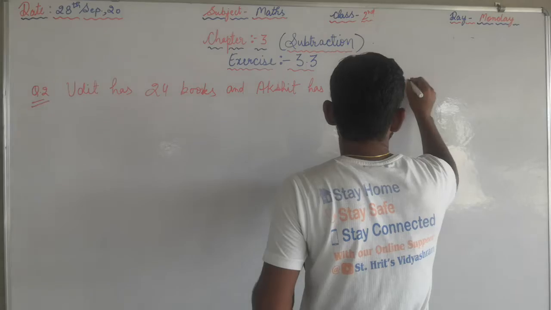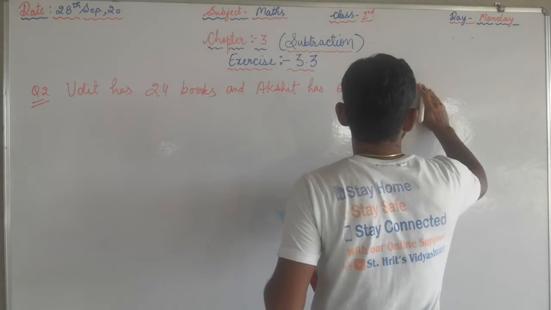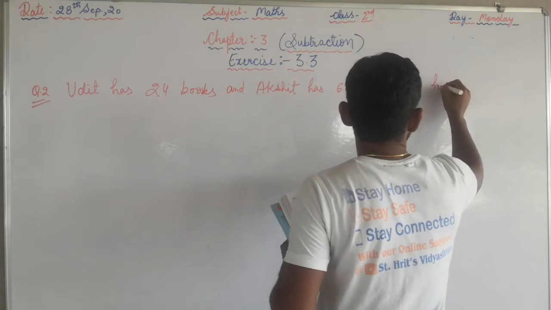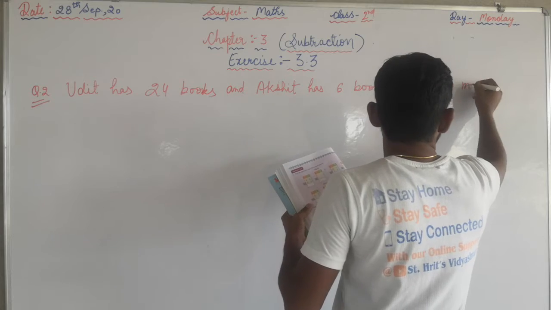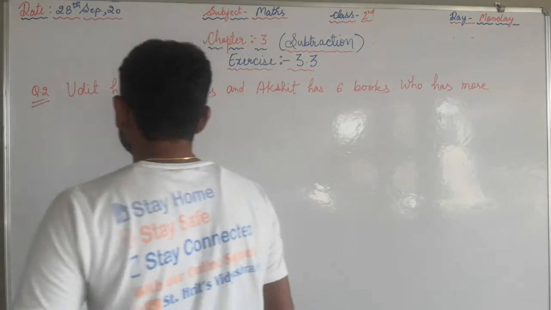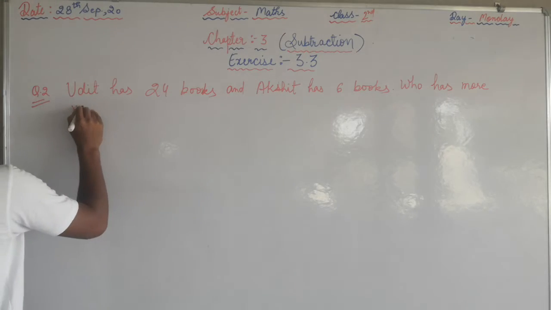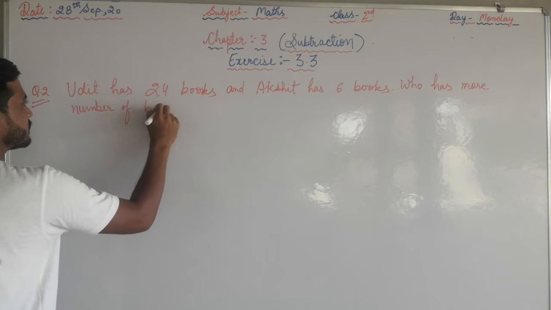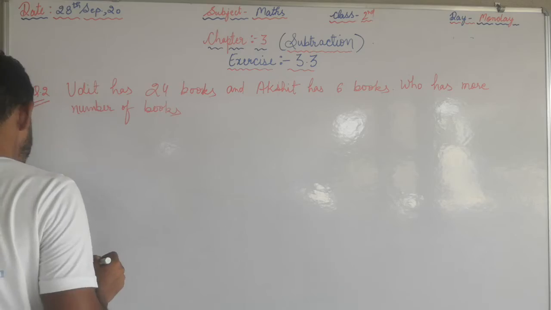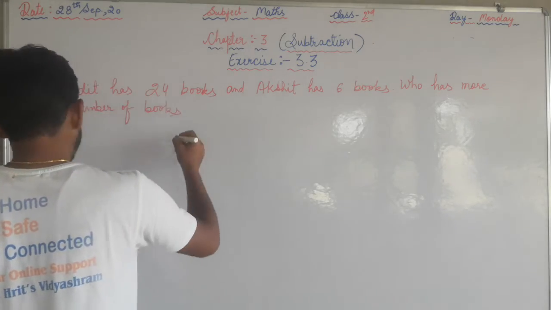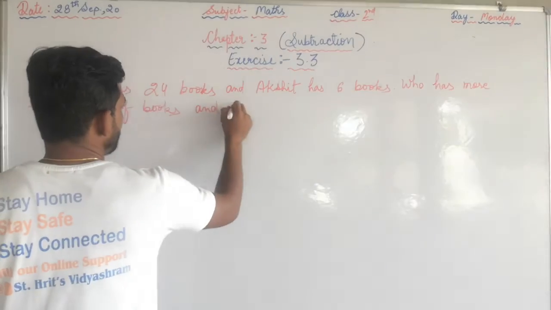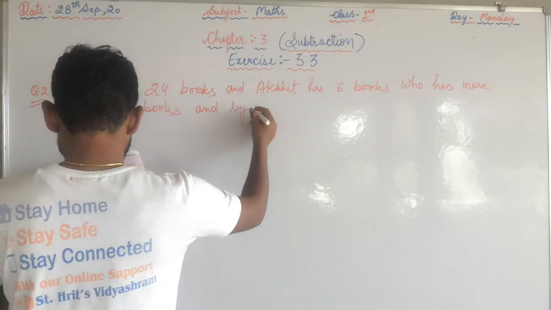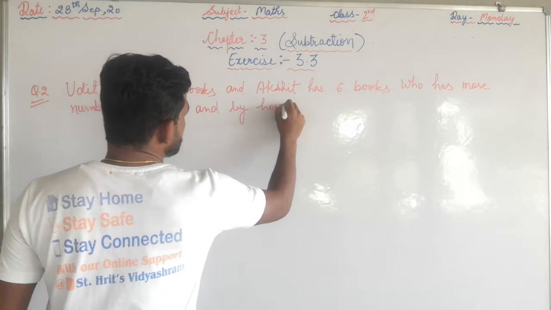Who has more number of books, and by how many?